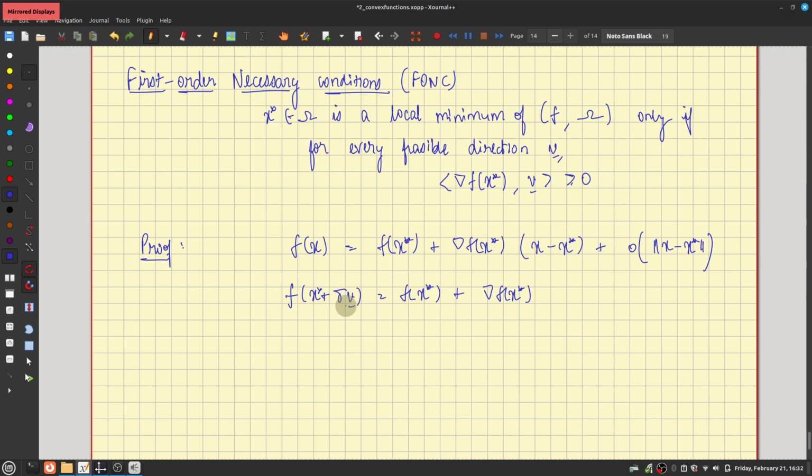It is just delta times v, transpose, plus little o of delta, because v is a unit vector, so the norm of delta times v is just delta.